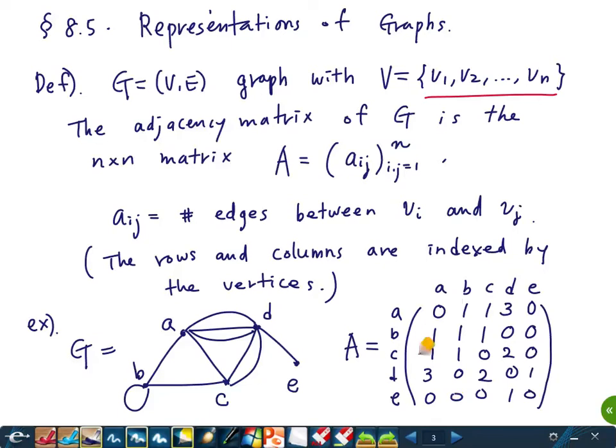What is the criterion for a simple graph? We must have zeros and ones, right? Every entry must be 1 or 0, because 2 or more means we have multiple edges. And also, the diagonal entries must be all 0, because diagonal entries are the number of loops.